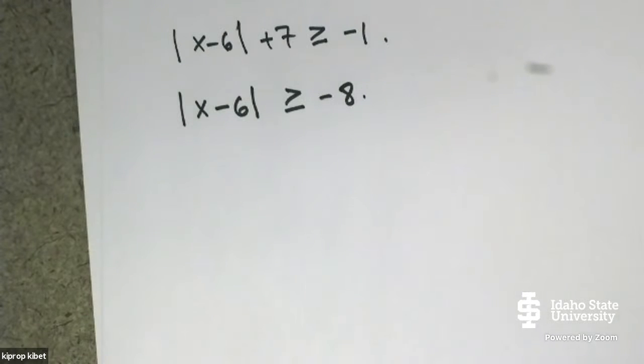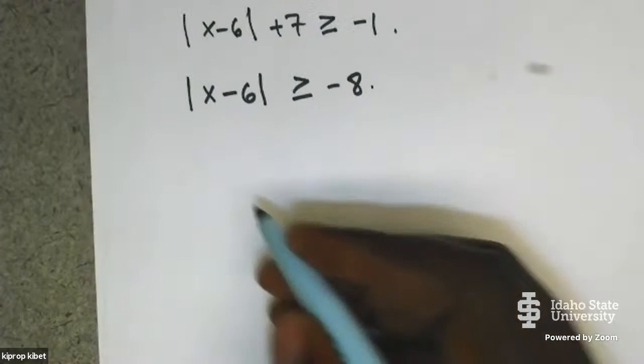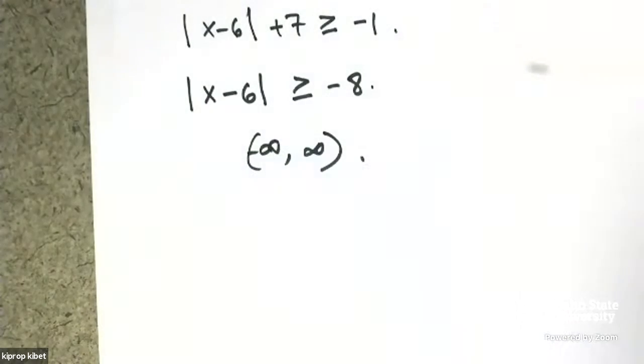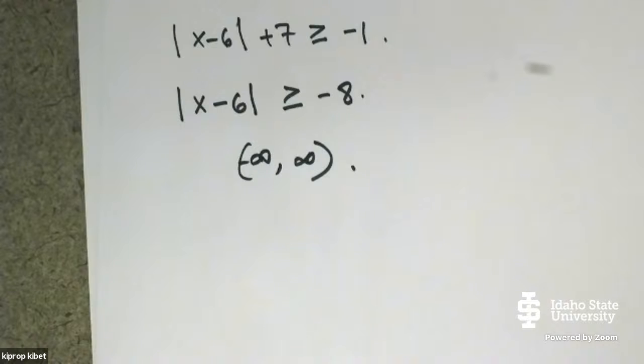We know all the positive values are greater than negative, and we can also put the negative values here, which can be equal to minus 1. Therefore, the interval notation will be from minus infinity to infinity. So any value.